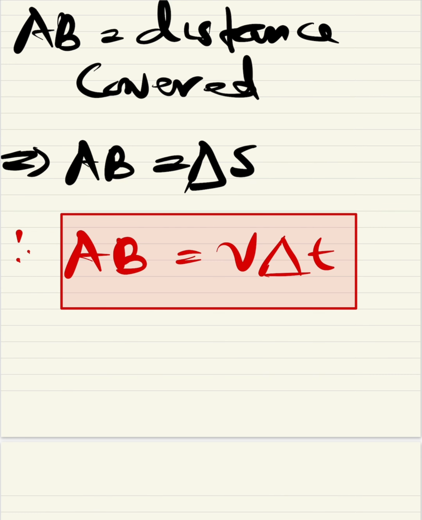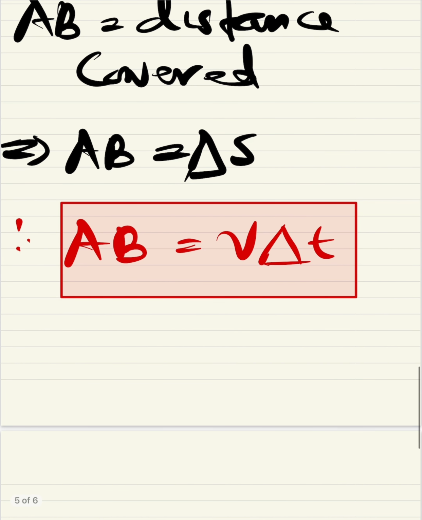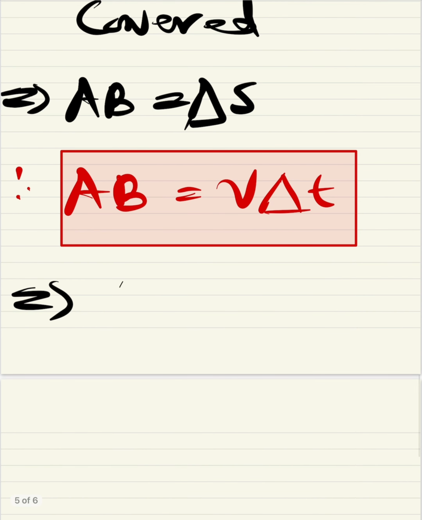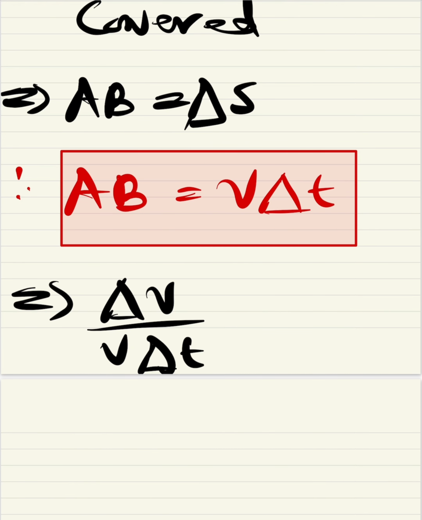So if you substitute, you are going to have change in V all over V change in T is going to give us V over R.